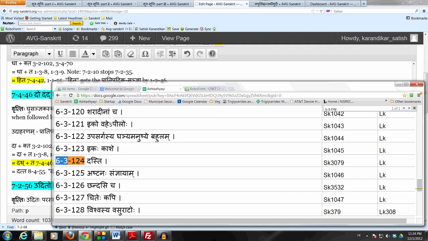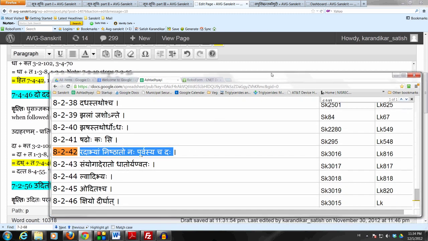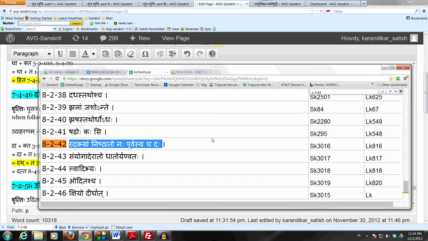Now, if we take the adesha as dad, which is the tritiya varnaha, then we already know the sutram 8242, Radabhyam nishthato naha purvasya cha daha. By that sutram we know that the nishtha takaraha takes a nakara adesha if it follows a verbal root which ends in a repha or a dakaraha.